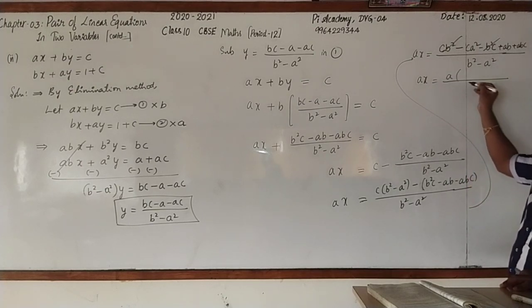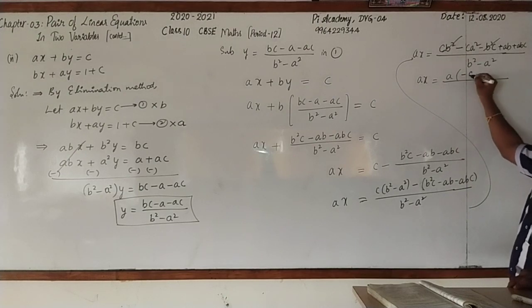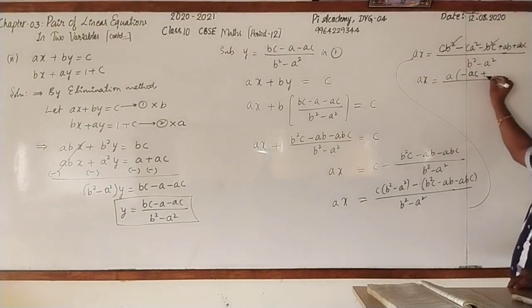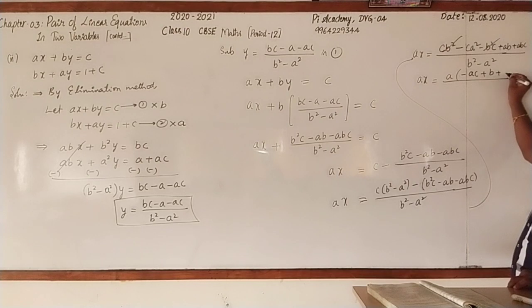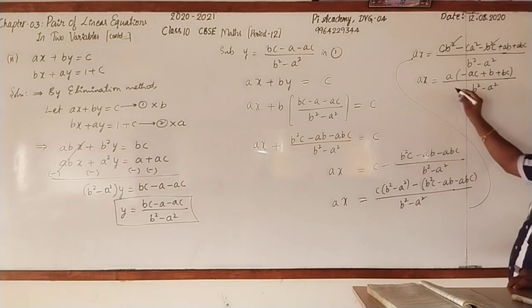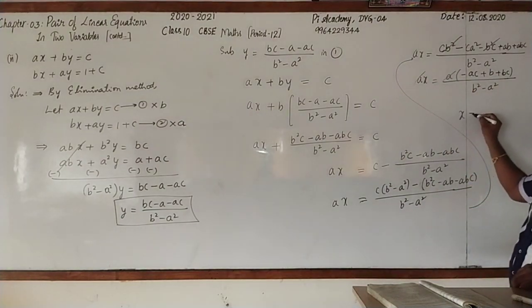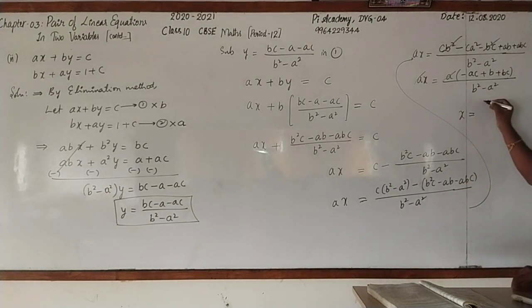Hence you can take a as common factor. Remaining: minus ac plus b plus bc, divided by b square minus a square. Here a and a get cancelled. Remaining x is equal to b plus bc minus ac, whole divided by b square minus a square.